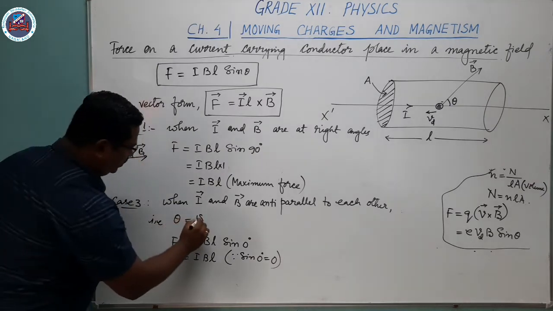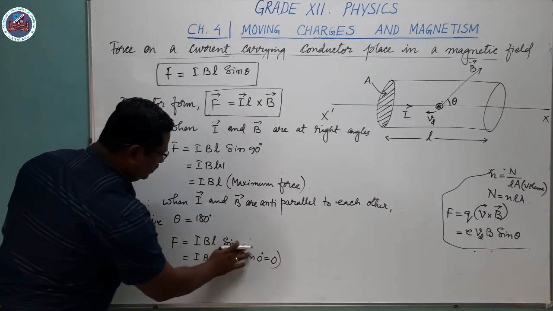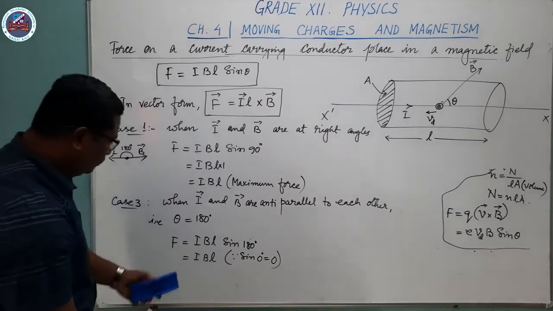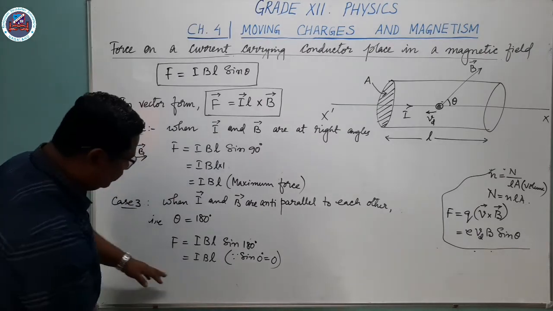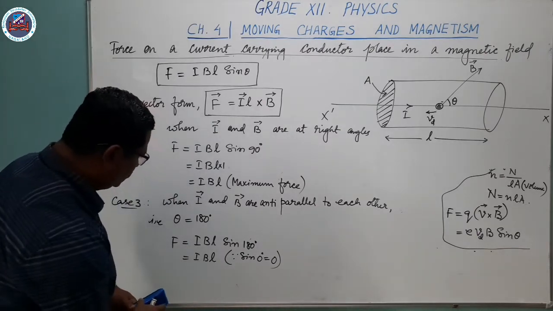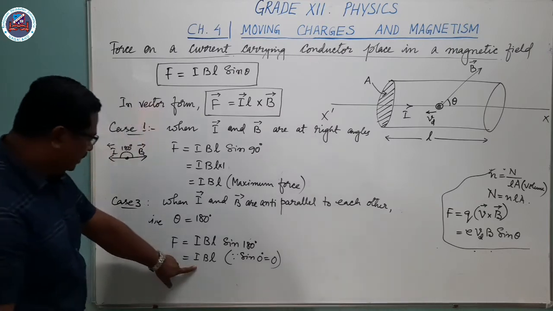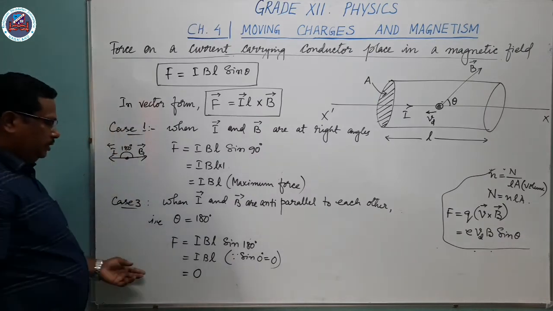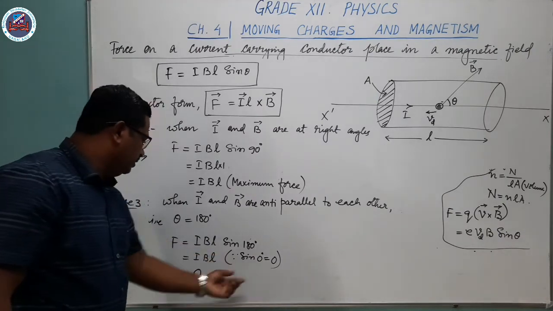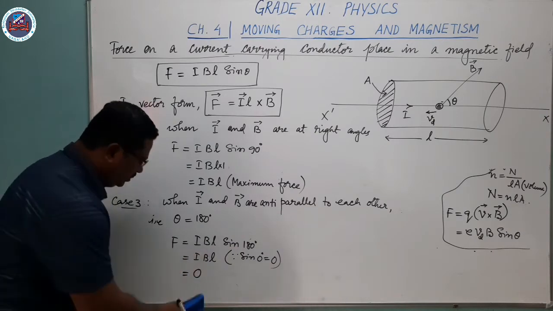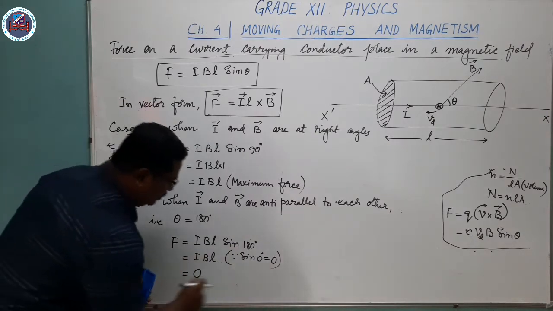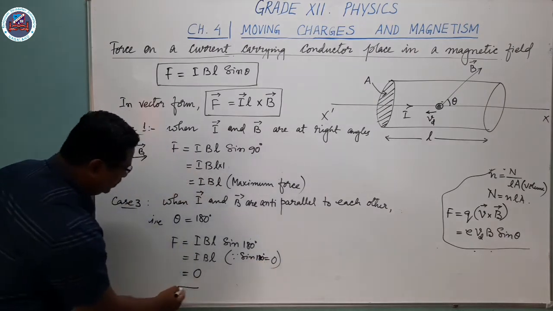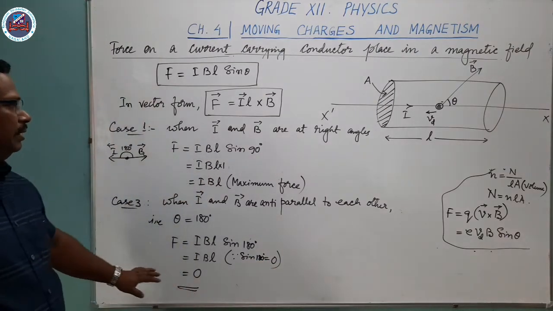If it becomes 180 degree also, the value of force will be 0, as in the earlier case. Everything will turn out to be 0, because sin 180 degree is also equal to 0. Minimum force will be experienced.